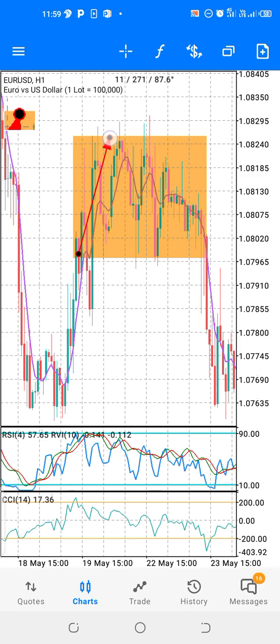It initially moved up to here, then it went down here, it moved up here, it went down here, moved up here, it went down here, it moved up here, then it went down here.